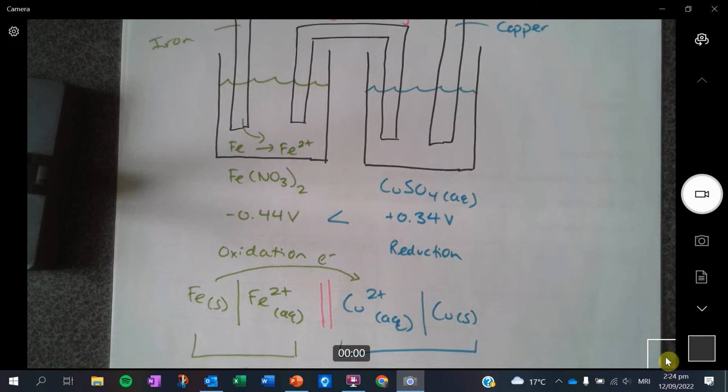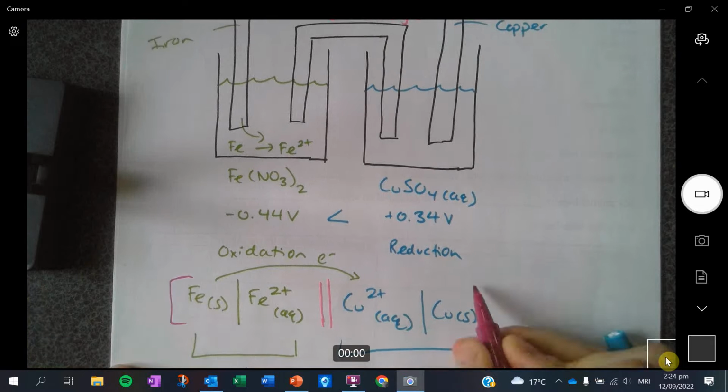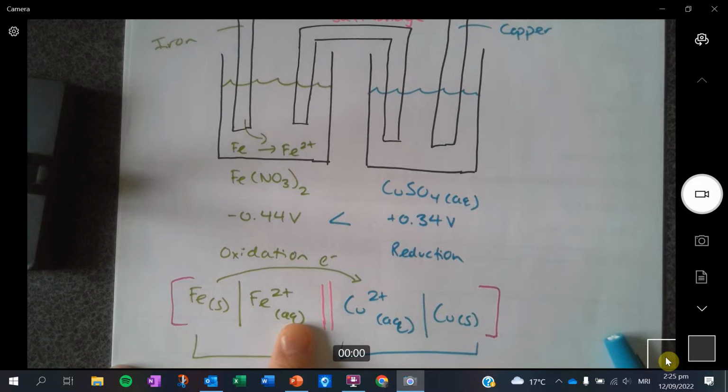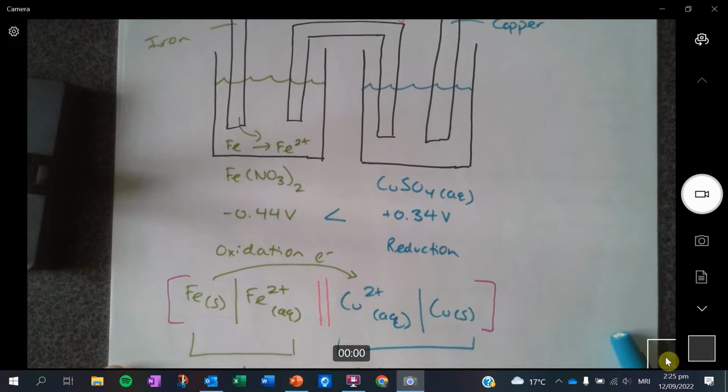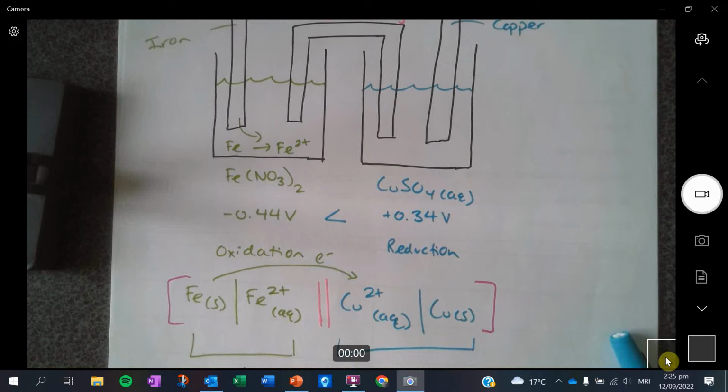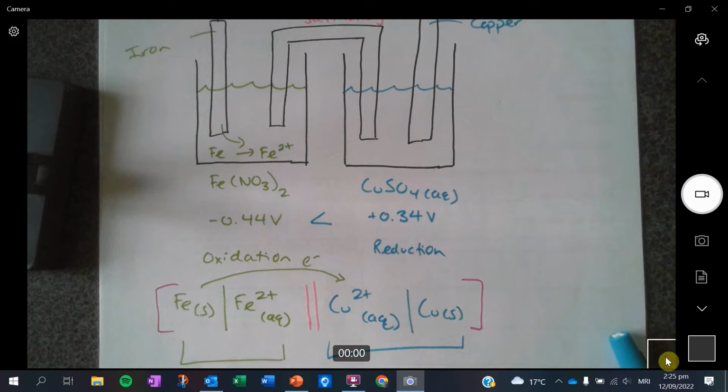Sometimes in questions all they will write is this component: the electrode, the ion in solution that's being oxidized, the 2 lines, the ion in solution that's being reduced, and then the electrode. So it's a real quick, short way for us to write basically this diagram.